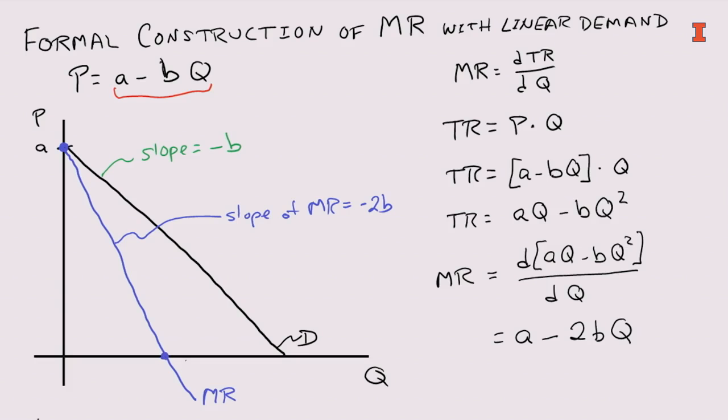And what that means is that since it goes down twice as fast, if we want to call this point alpha, that makes this point be 2 alpha. Because it's the midpoint, that line goes down twice as fast, which means that the marginal revenue curve starts going negative once you get past the midpoint of the demand curve.